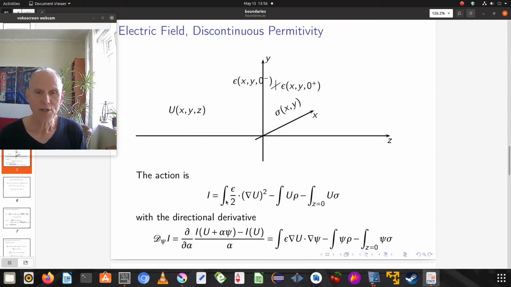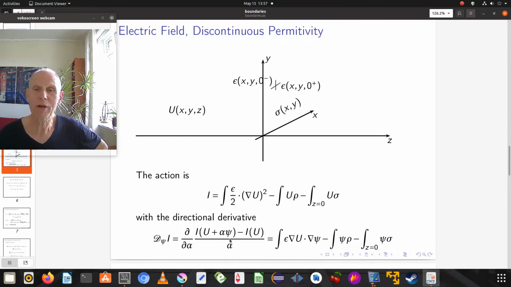Now, the action, the energy of the field minus the, we have a charge distribution as well, I see, and then a surface charge between the two dielectrics. So we compute the directional derivative.